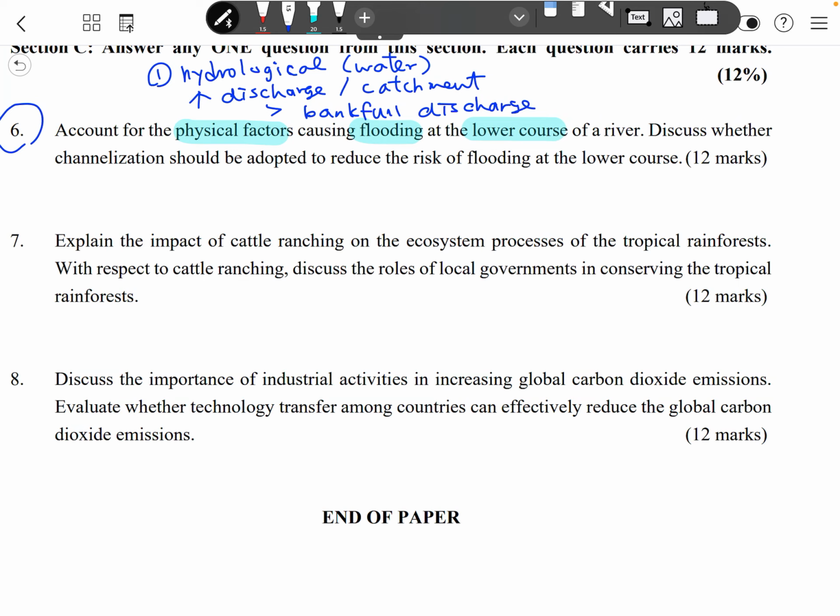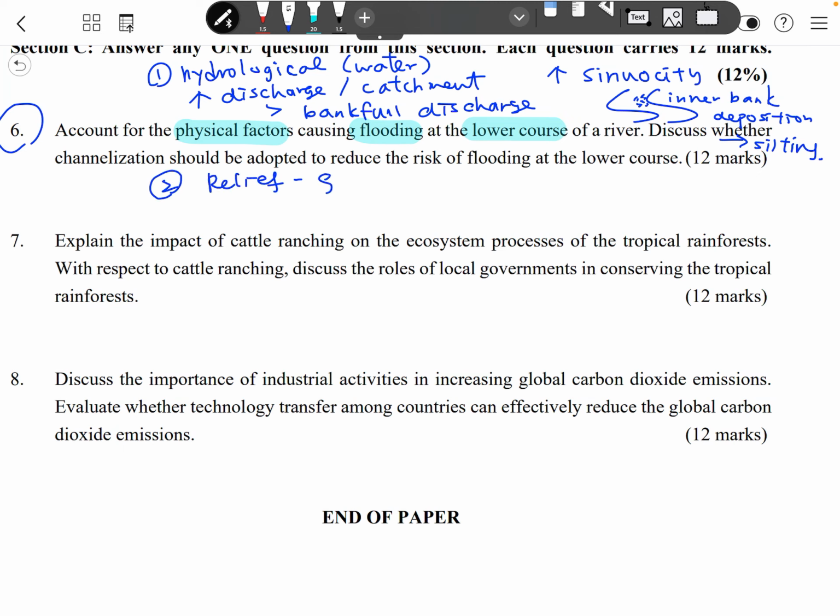And also for the river factors, they have high sinuosity, the degree of bending. So especially we have lots of deposition on the inner bank, which will easily cause the silting problem. So that's why we have flooding.